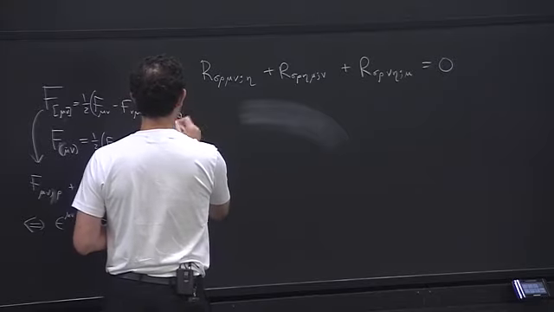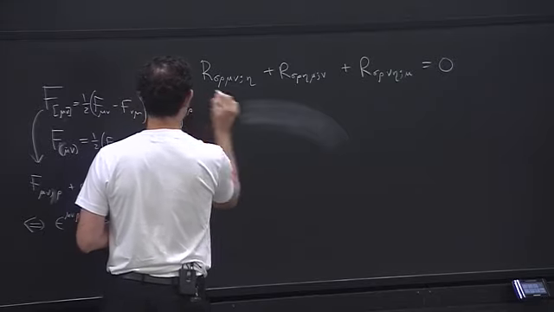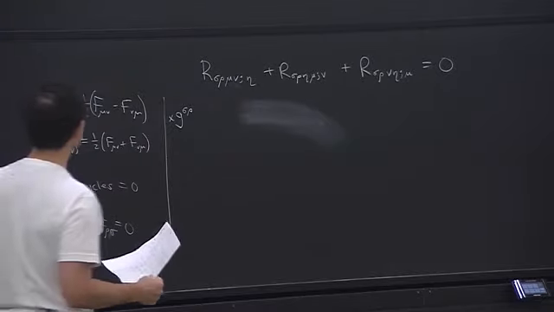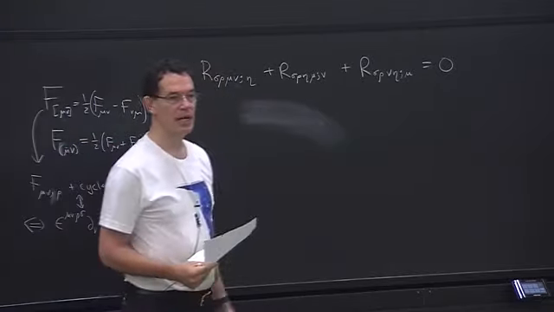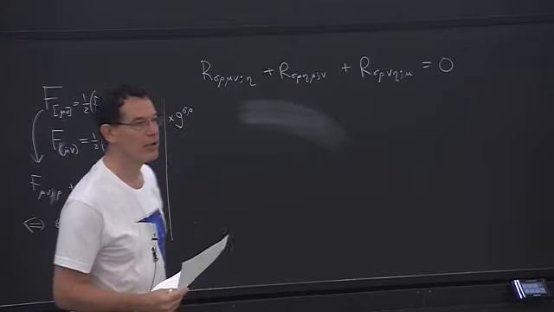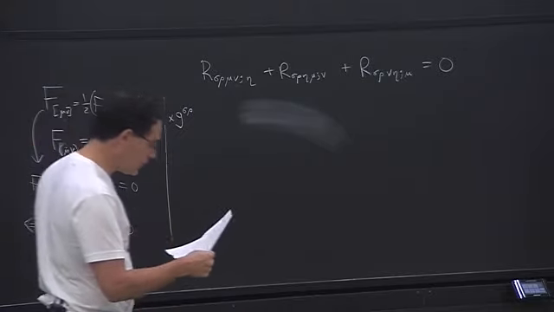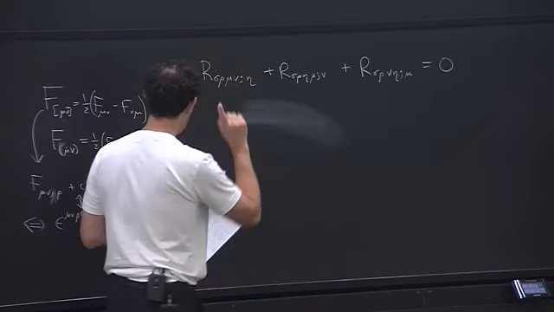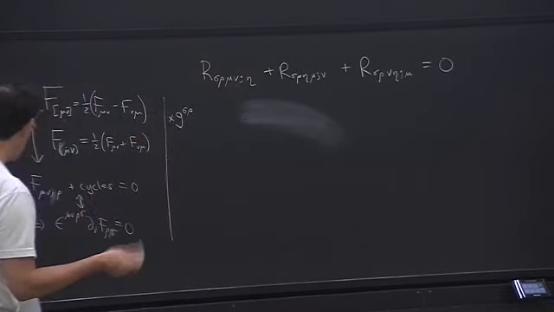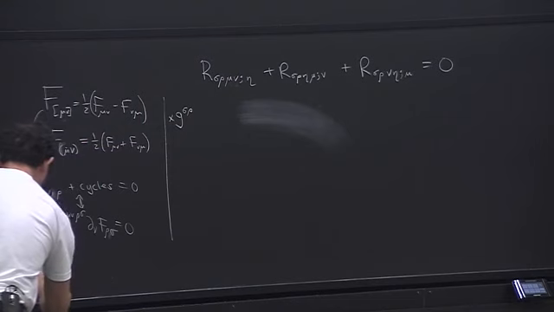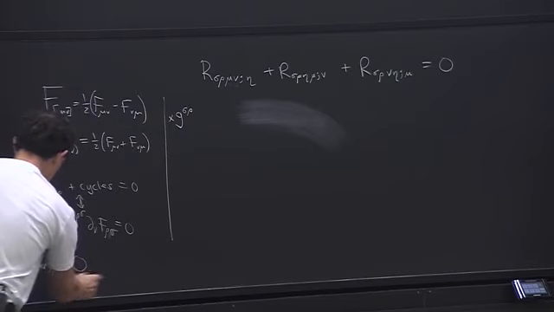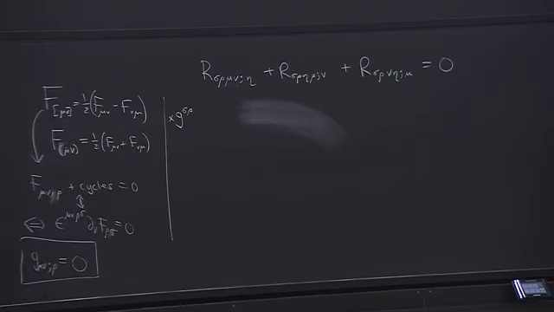So let's multiply it with g sigma rho. What I'm going to do is get various contractions of the Riemann tensor and derivatives of it, which will give me the Ricci tensor. Now a very important point: we have already discussed that g mu nu semicolon rho equals 0. The covariant derivative of the metric is 0.